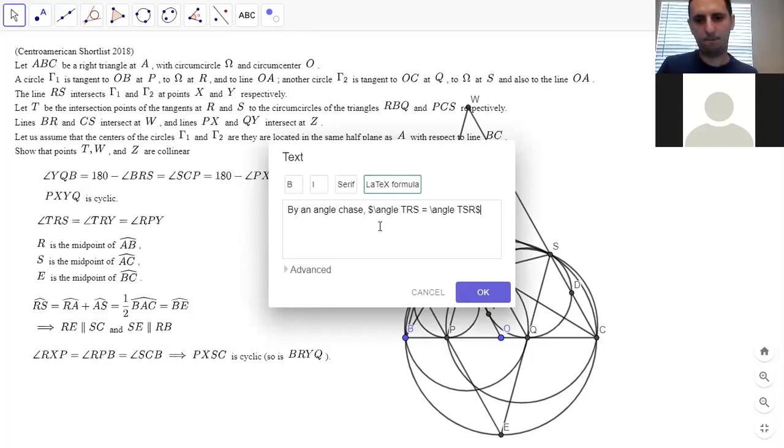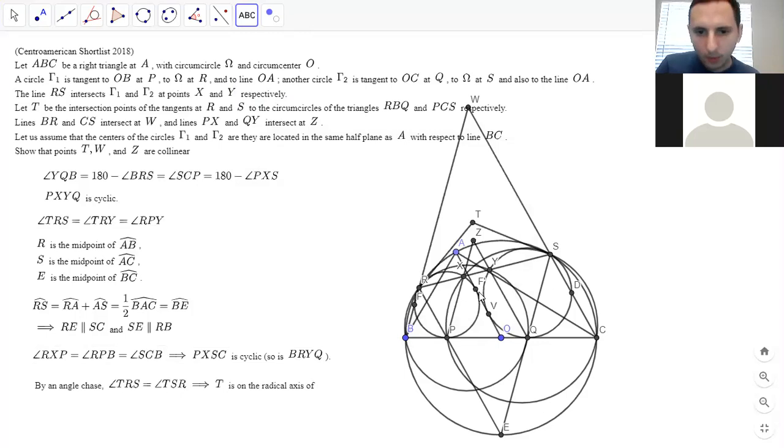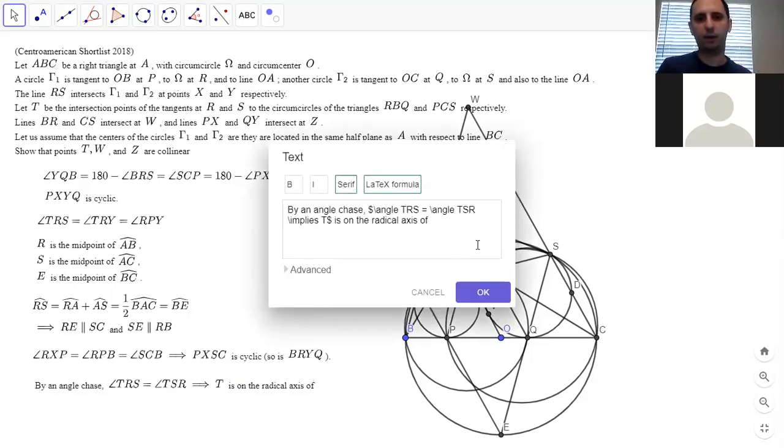And so that means that T is on the radical axis of those two circles, RBQ and PCS.